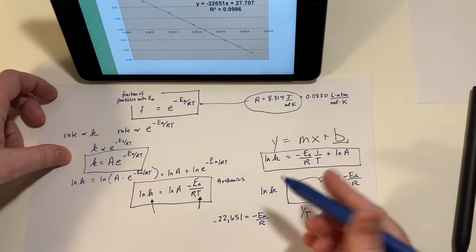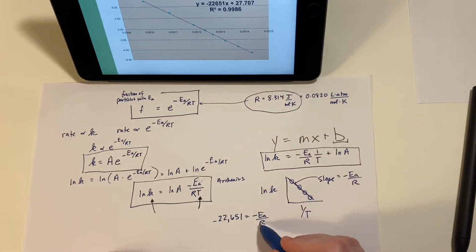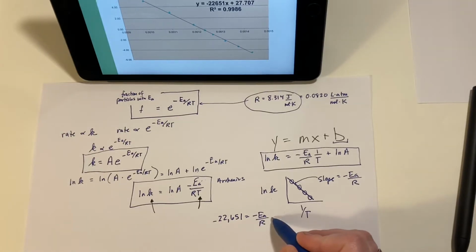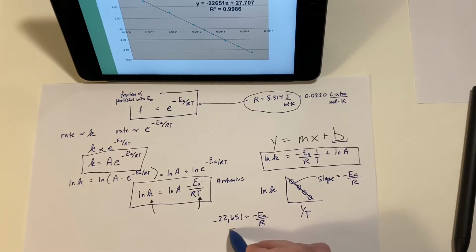What can we do with that? We could figure out what the activation energy is for this reaction. All we've got to do is multiply by this R value and the negative. So when we do that, we solve for activation energy, and we get 188,000 joules per mole.